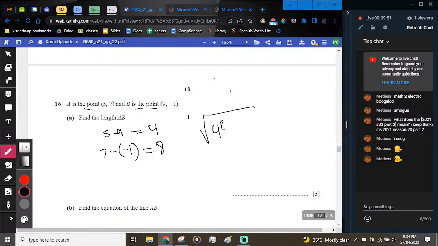Two points on a 90-degree angle, and that's y and x. 90 degrees triangle. All you do is Pythagoras to get your long side. Square root of 4 squared plus 8 squared. 8.9.